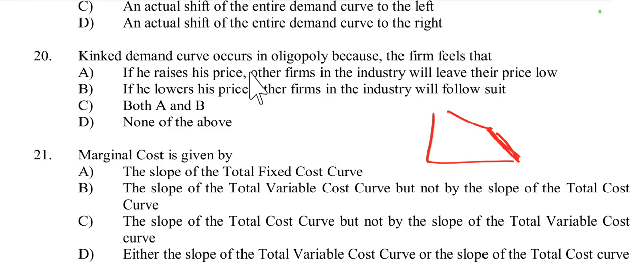Yes, when one firm raises prices, others do not follow. But when one firm lowers his price, other firms in the industry will follow. So both A and B are right here, because the kinked demand curve model in oligopoly suggests that if one firm raises its price, competitors may not follow.